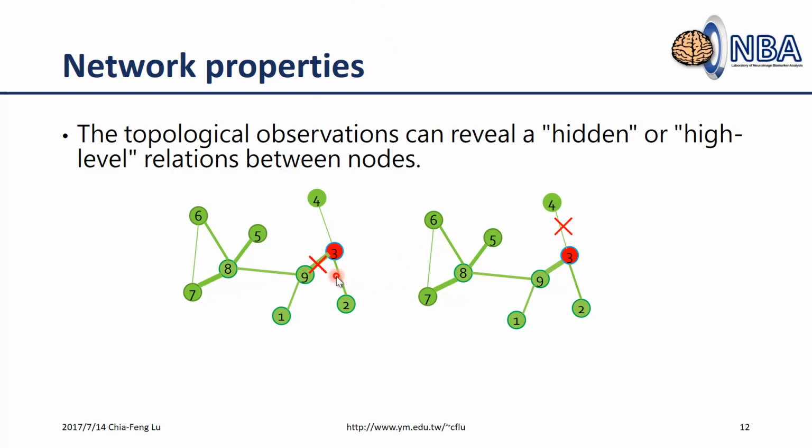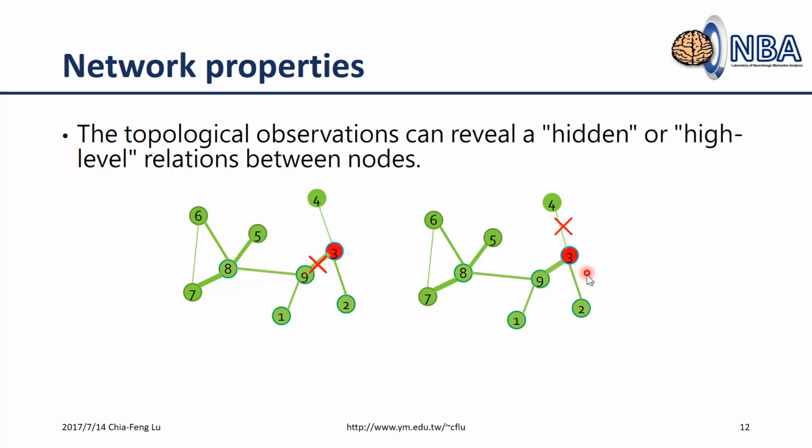If now I say a disease may disrupt or destroy one of the edges or one of the connections, you can imagine that if the disease attacked the connection between node 3 and node 4, the influence may be very different from if this disease destroyed the connection between node 3 and node 9.